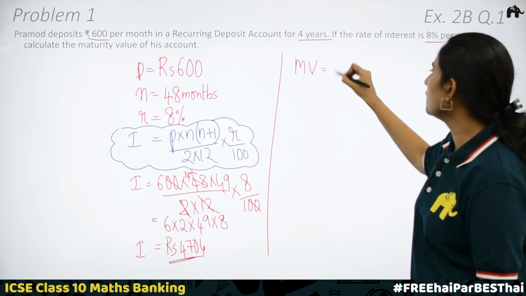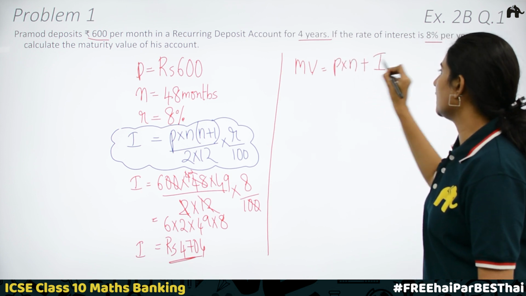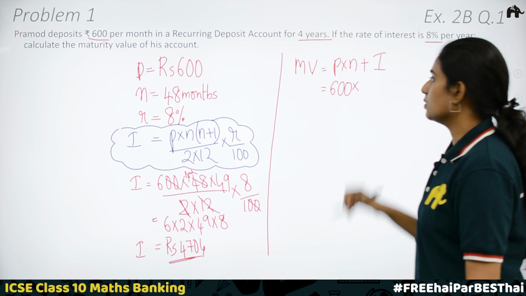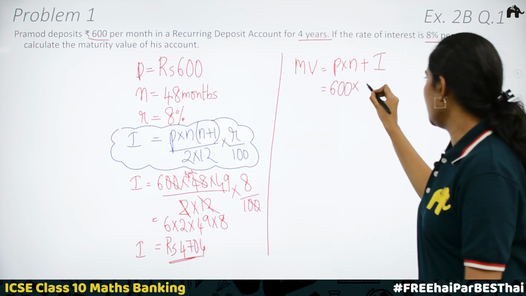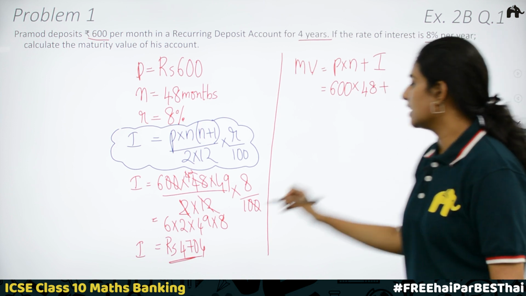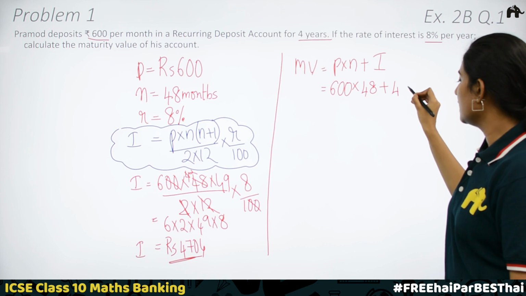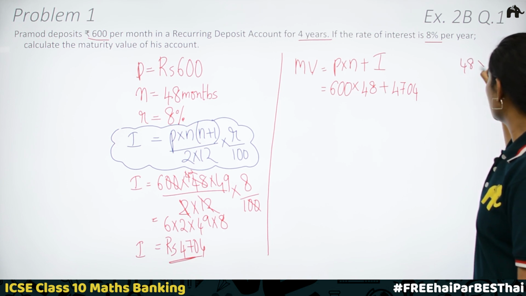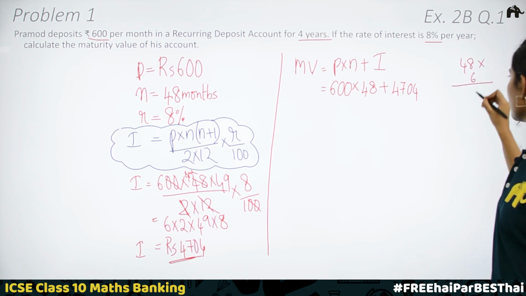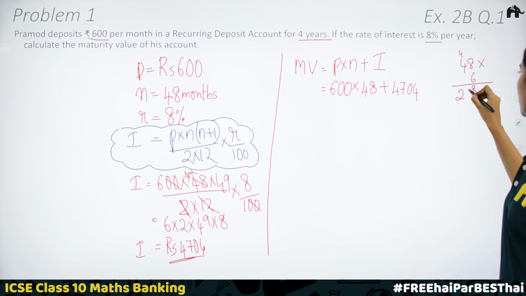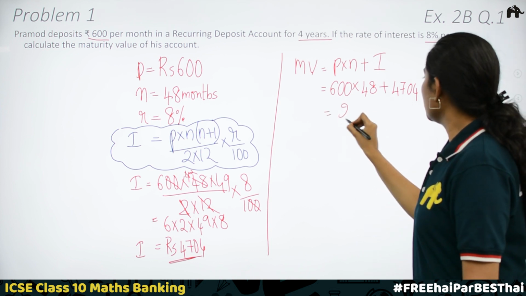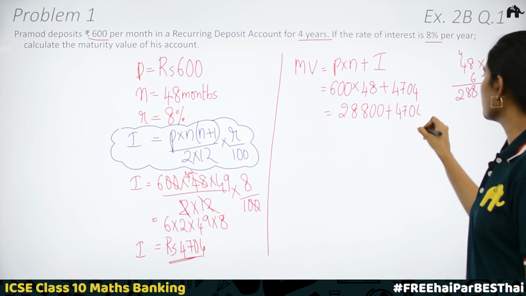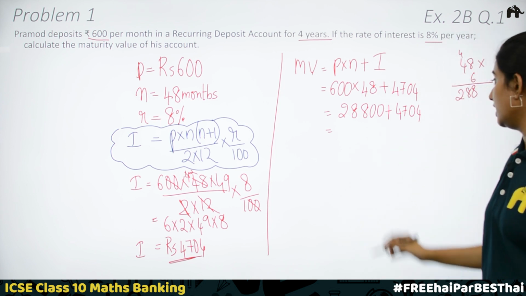Maturity value is equal to P into N plus I. Here P 600 into N is equal to 48, 48 plus I value we have determined, that is 4,704. 48 into 6 is 288, that is 28,800 plus 4,704.